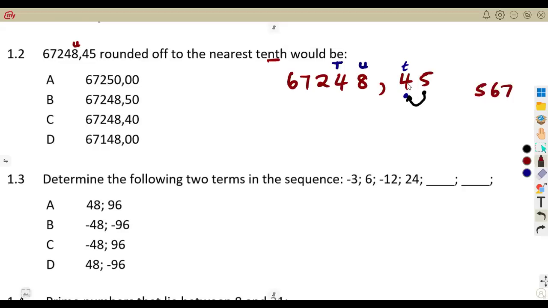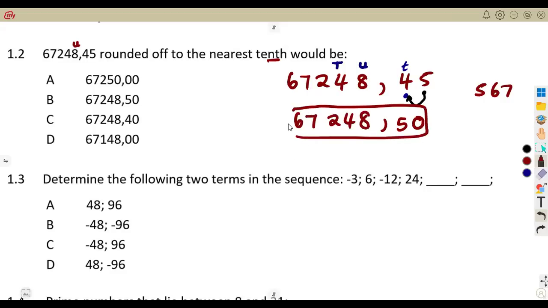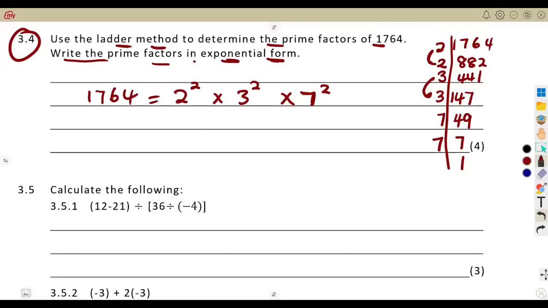These numbers are going to change the next digit. So the 4 is going to change into a 5. And in place of 5, we are going to have a 0. The rest of these digits, 6, 7, 2, 4, 8, are not affected. So this is what we're going to have.